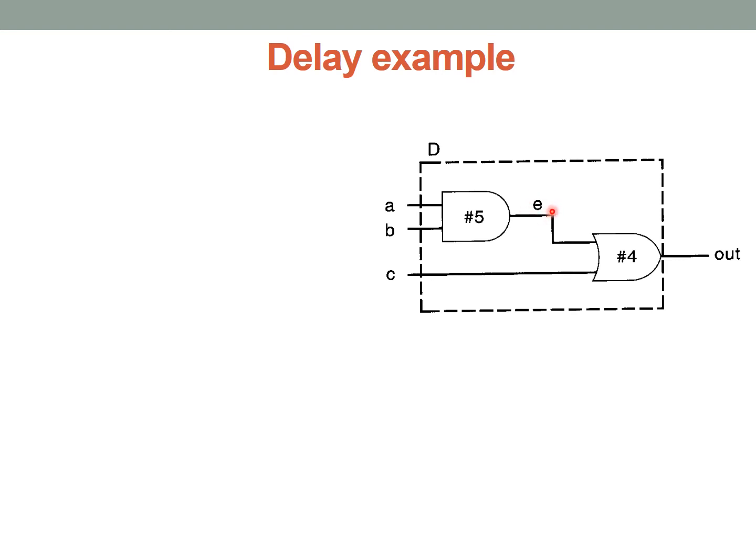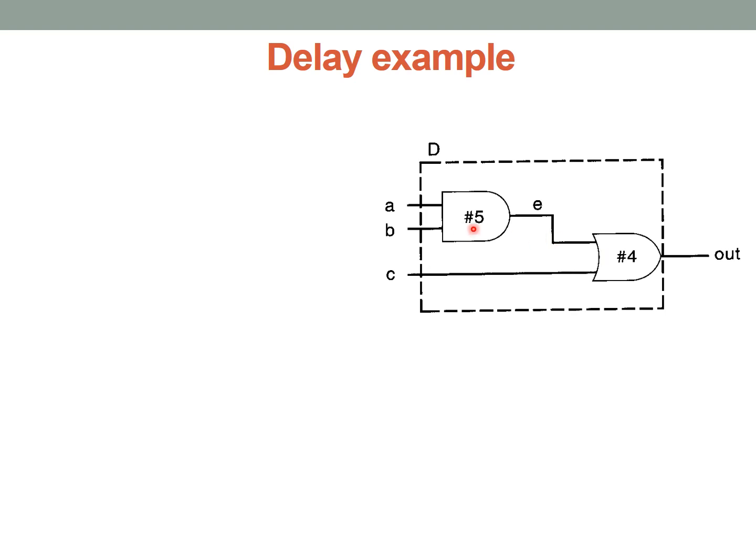Let us write a program for this particular module named D. If we carefully observe, for every gate in this particular module, there's a small delay mentioned. For instance, for the AND gate here, we have the delay mentioned as #5. For the OR gate, we have the delay mentioned as #4. Only single delay is mentioned, so this delay specification is just one delay specification.